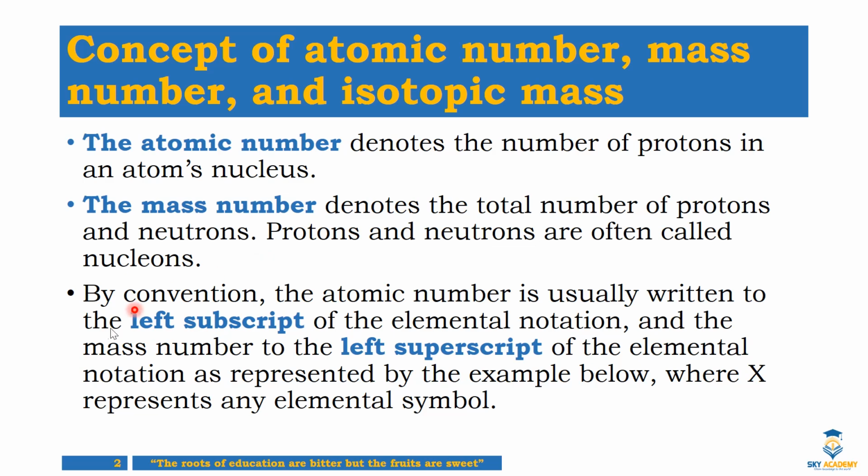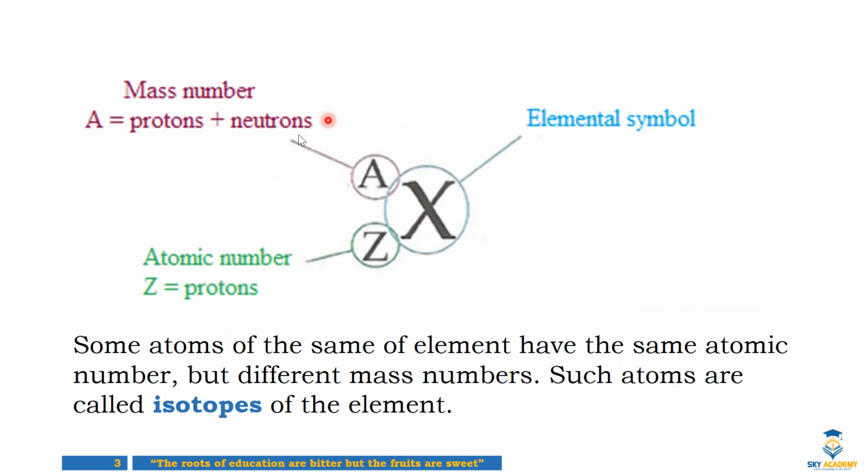Then we needed to know how we shall write our mass number and the atomic number. Simply, it is written in this way. You have the elemental symbol. This is the elemental symbol represented by X. This X can be replaced by any element on the periodic table.